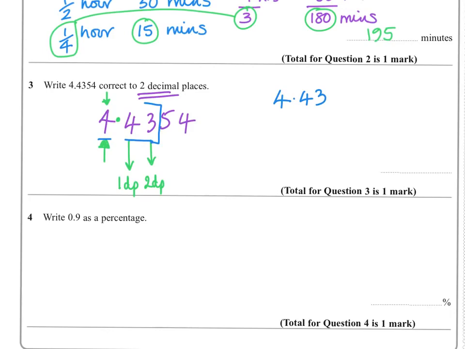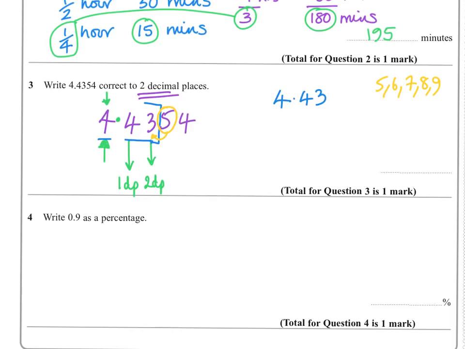Now, for those that do have an idea about this or have seen it before but maybe can't remember, here's something you can look at. If you look at the next number, if that number is a 5, a 6, a 7, an 8 or a 9, then it has influence on the number it came after. I.e., in this case, this 5 would round this 3 to a 4.